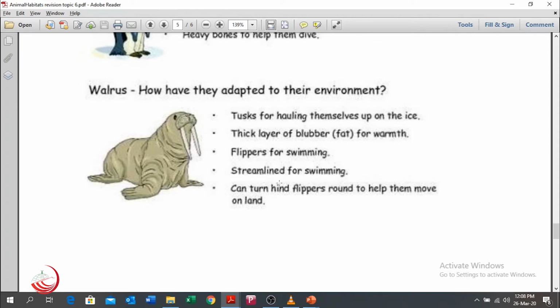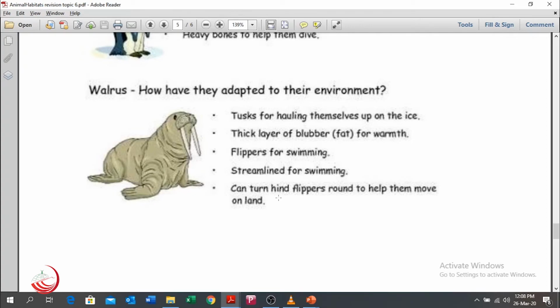Streamlined means that the shape of their body makes it easy for them to swim. Streamlined means they can swim faster and easier. The shape of their body helps them to swim.